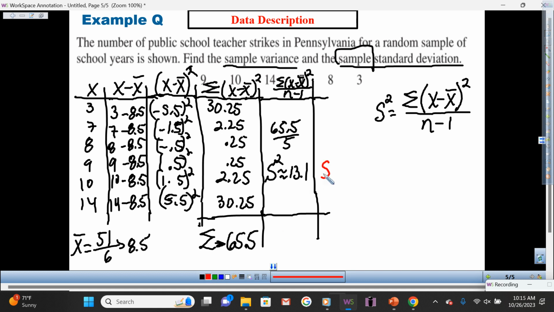Our standard deviation, approximately. So basically we take all that and we do the square root of the sum of x minus x bar squared divided by n minus 1. So what is 13.1, taking that square root, guys? 3.61.